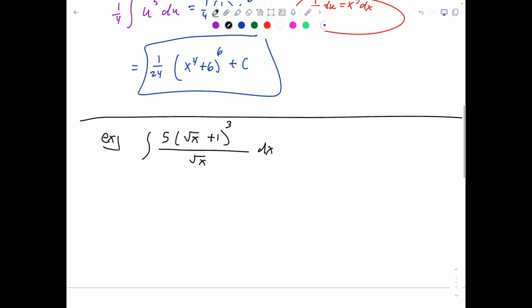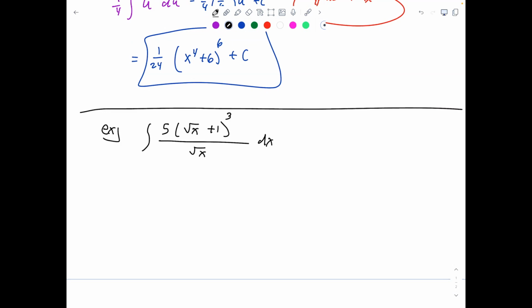And the reason I bring this one up is because we want to clean everything up before we get to the problem. Bring all the powers so that there is no denominator inside these. That's going to be what's best for you.